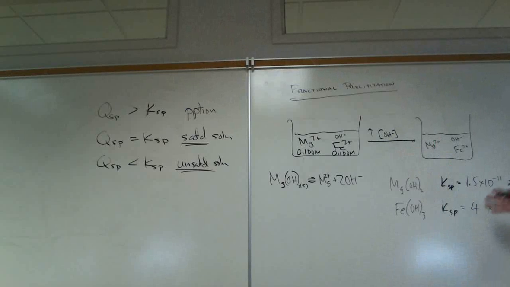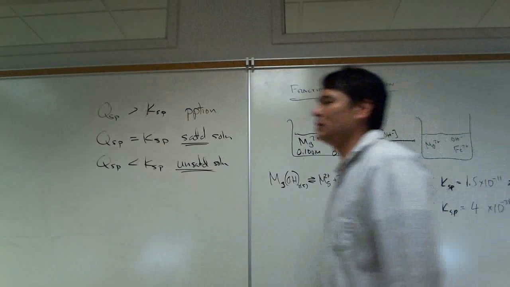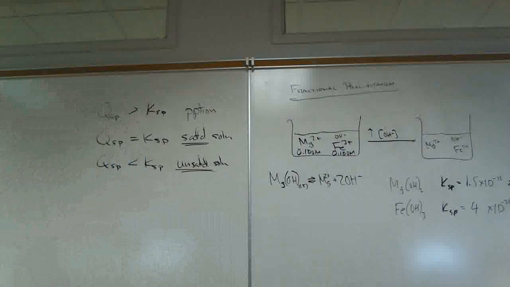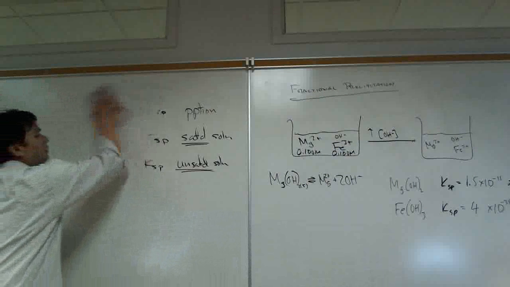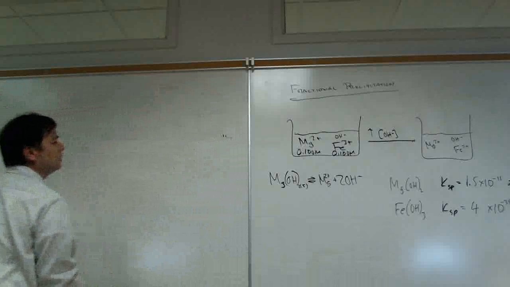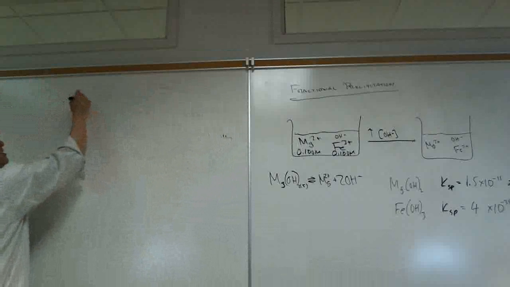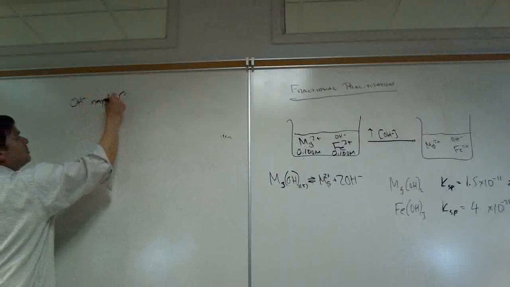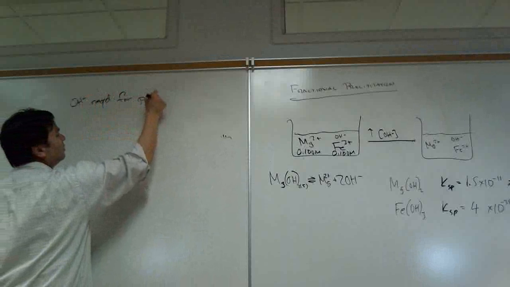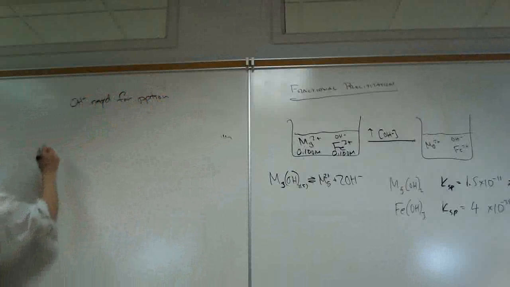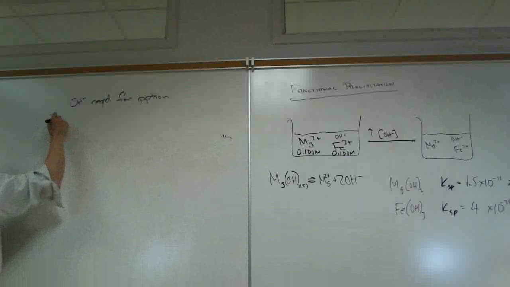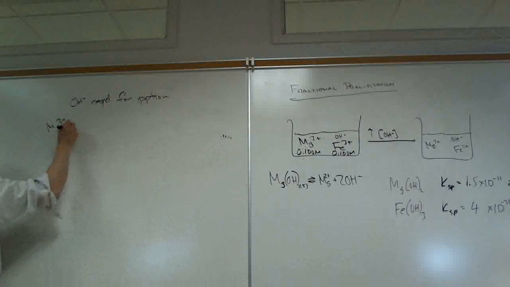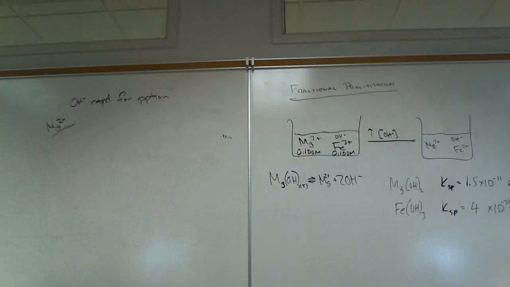And so in a fractional precipitation like this, the calculation that we do is this. We calculate the hydroxide ion concentration required for precipitation. For magnesium, the hydroxide ion concentration required for precipitation is anything more than saturated.